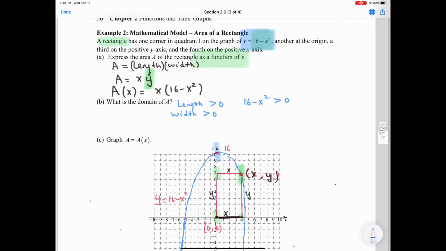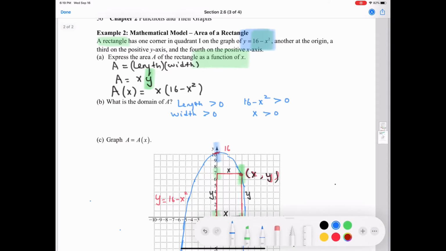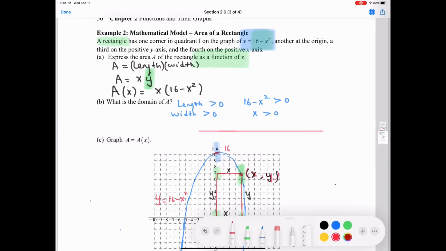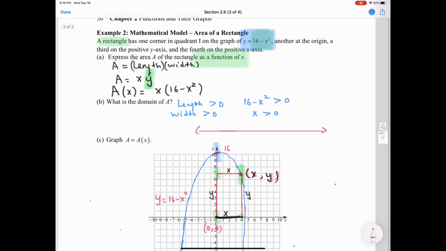If I don't have the length and width greater than 0, then I don't have a rectangle. So the length is given to me as 16 minus x squared, and that should be greater than 0. I'm calling the vertical distance length and the horizontal one width. So the width x should be greater than 0.